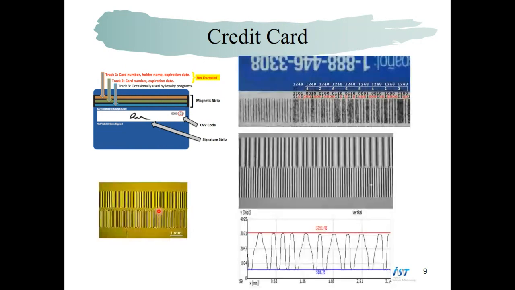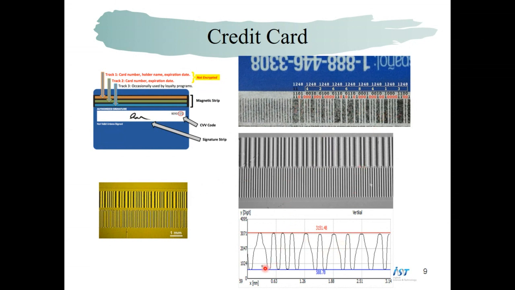And if you take a look at this magnetic strip, there are many small bars. This is called a magnetic domain. And as you see here, they correspond to 1 or 0, and you can see the digital information stored in this strip.